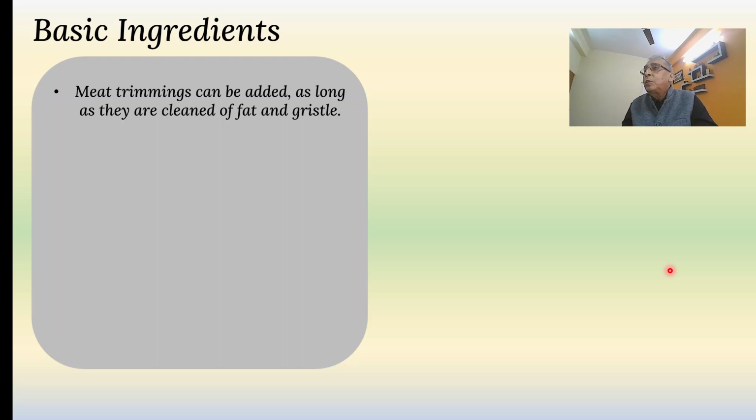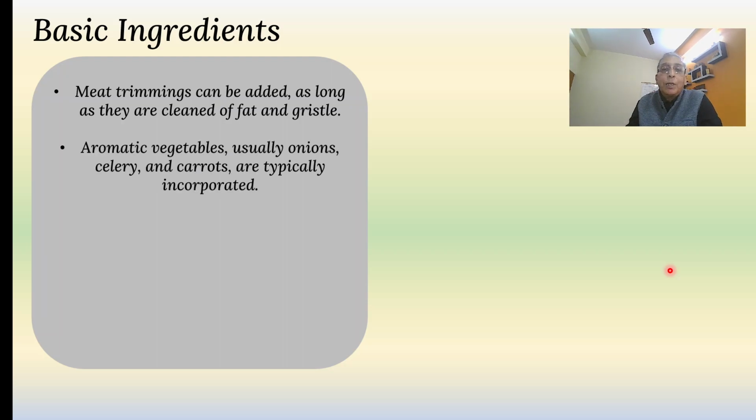If those two things are present, that will make the stock very greasy. As a result, the final product you make with the same stock will also have excess oil or fat floating on top. To prevent that, it is very important to look into these minute points while making the stock.